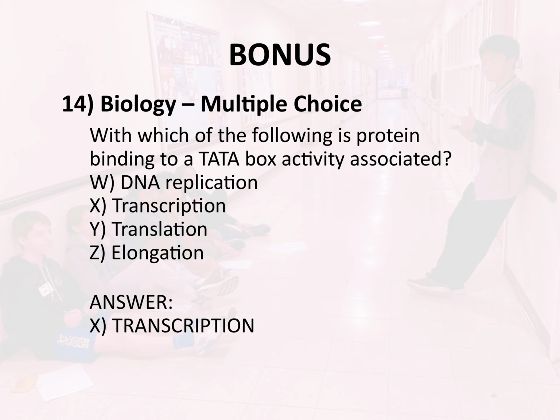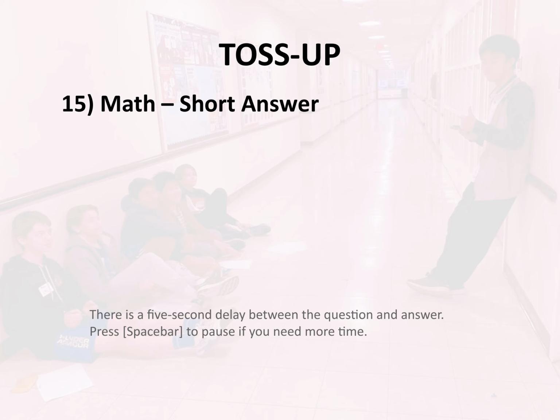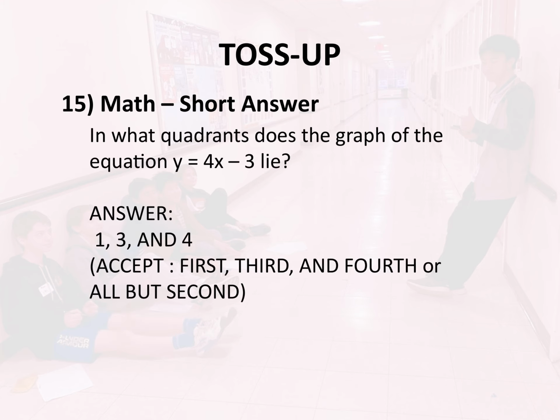Answer: X. Transcription. Toss-up 15. Math, short answer. In what quadrants does the graph of the equation y equals 4x minus 3 lie? Answer: 1, 3, and 4.